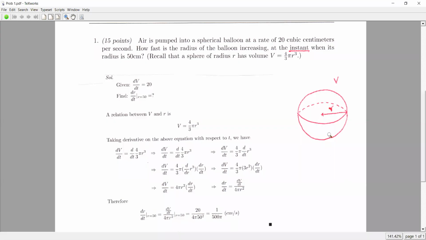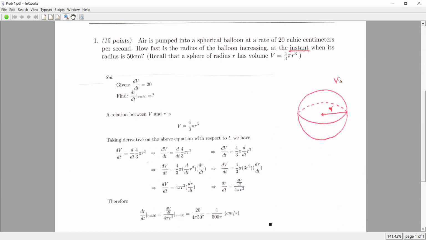Here is a diagram about the balloon. I let R denote the radius of the balloon and V the volume of the balloon. Because the volume is increasing, R and V both are variables. They are changing. They depend on the time t.